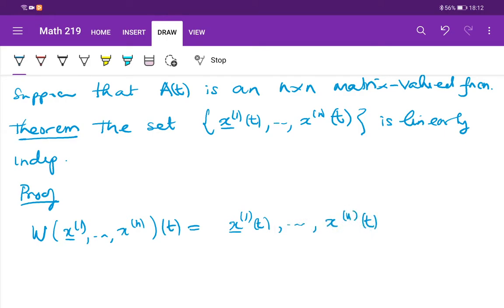Now we think of this as a vector. Here this is meant to be an n by n matrix. So we write x1 as the first column and x2 as the second column and so on. So this is an n by n matrix, and these are the columns, this is the first column and so on.